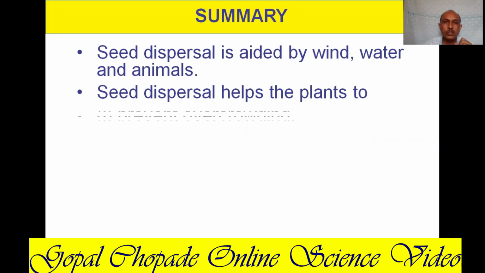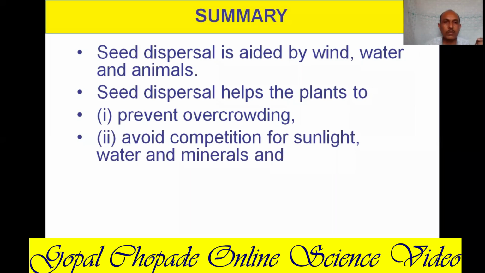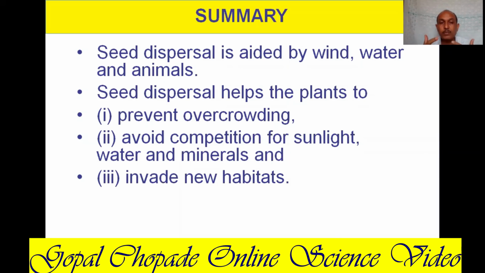Seed dispersal helps plants prevent overcrowding, that is, it avoids competition for sunlight, water, minerals, food, and space, you can write space also. Dispersal of seeds helps to invade new habitats and new climatic conditions. Even some seeds can cross whole oceans.